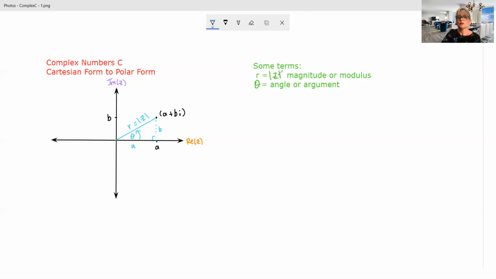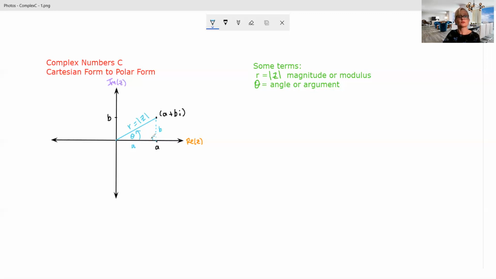The absolute value of Z, otherwise known as the magnitude or the modulus, and often we use R instead of having to write that. We're a little bit lazy as mathematicians. That's the distance that your complex number is from the origin. Your theta must be in radians, and that's your angle or your argument.